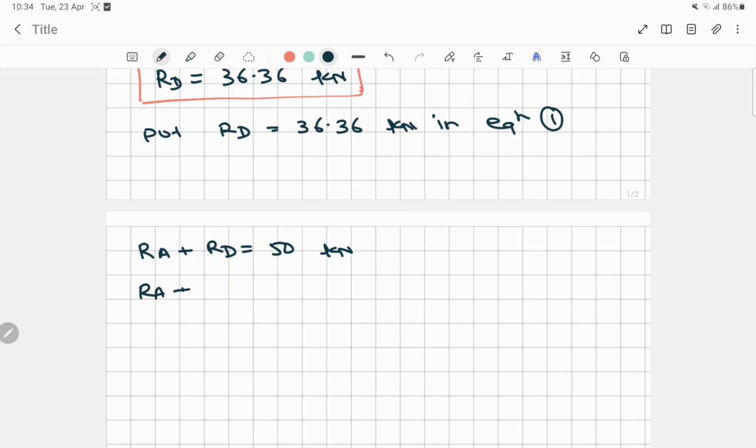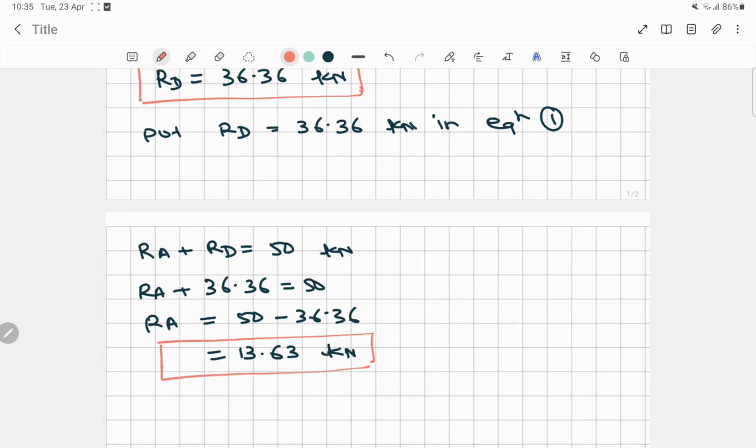So RA plus 36.36 is equal to 50, and we can easily get the value of RA. That is, the RA value is 13.63 kilonewton. Now we have a value for RA and RD, right?